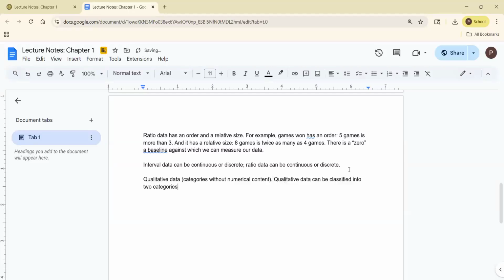It can be classified generally into two categories. One is labels, which is nominal, and the other is, I'll say, ordinal, rankable.